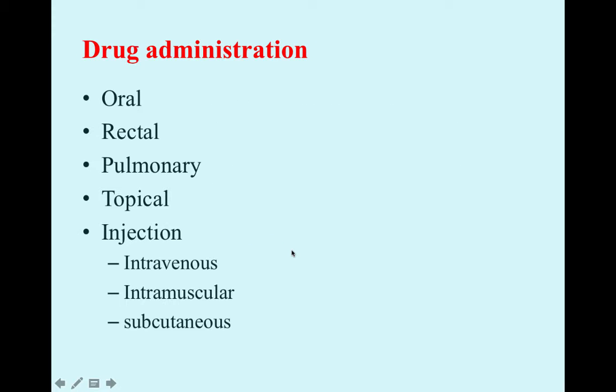All right, so let's talk about administering the drugs. The majority of drugs are administered orally, meaning we swallow them. Some drugs are going to be administered rectally, and that is through the use of suppositories.